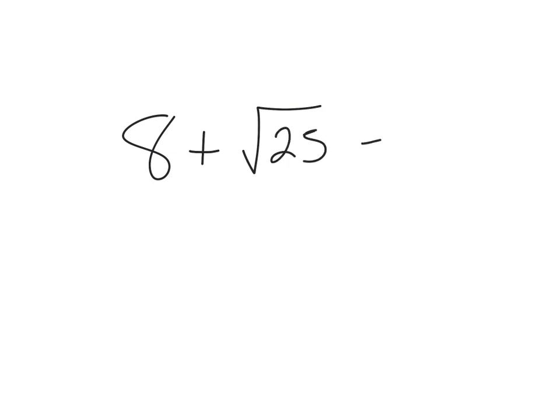So if I had, say, 8 plus the square root of 25 minus 2, something like that, then again that step where we have exponents, this square root of 25 counts in there too. So don't forget, square roots represent, I'm trying to find what number squared would give me 25. So this is the same thing as 8 plus, we know the answer for the square root of 25 is 5.